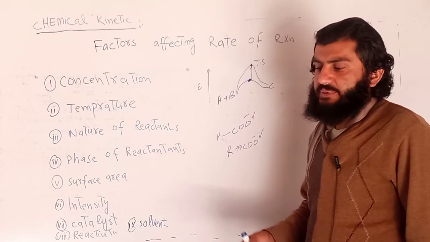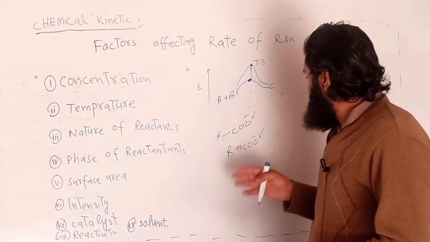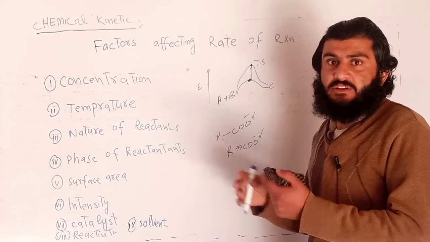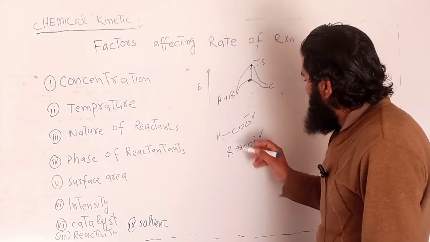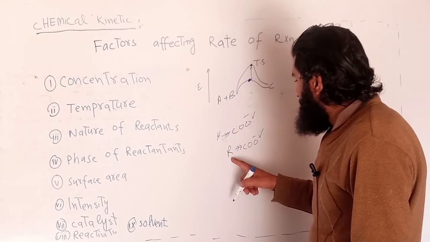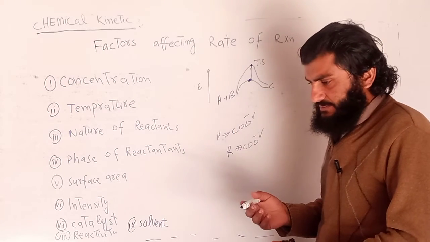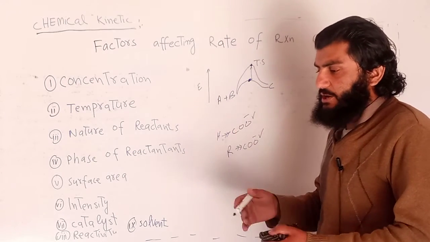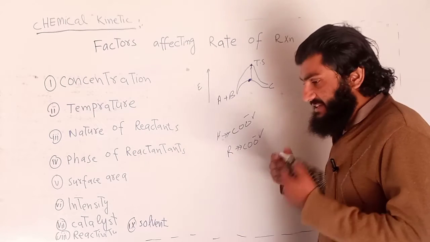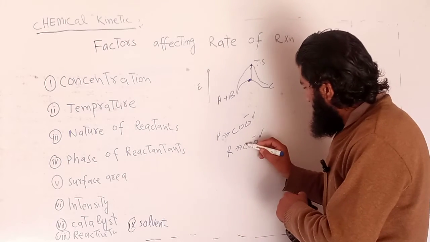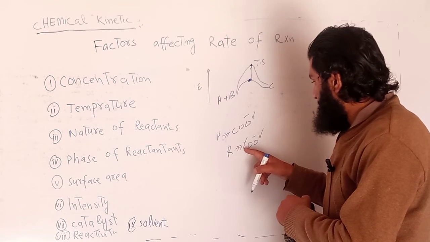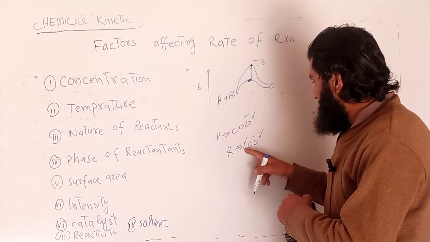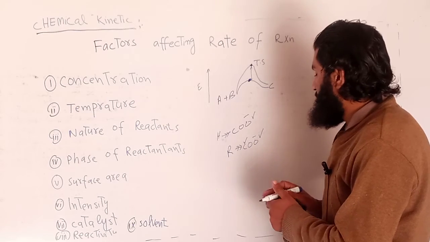If the strength of the base is high, its reactivity will be high. Here the R group inducts, or pushes, its electron density toward this carbon. If the electron density comes here, the electron density also increases here.